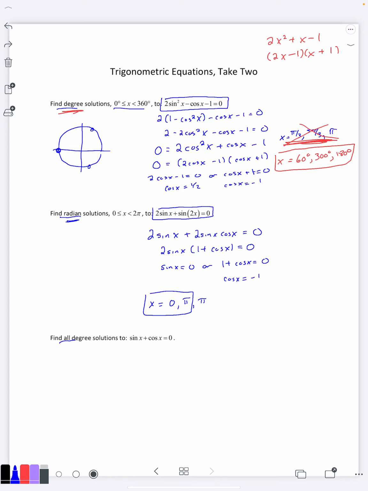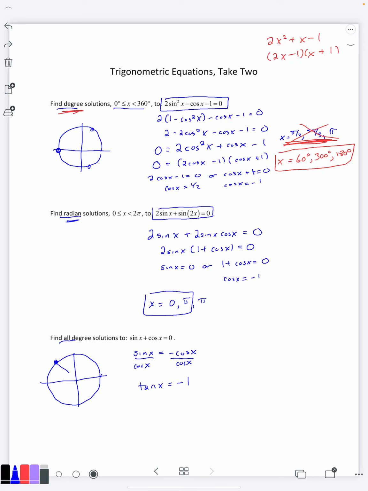In specifically this case, what you want to do is get sine x to one side, the cosine x to the other side, then divide by cosine x. We're going to leave behind sine and cosine and get the equation tangent x equals negative 1. So we're turning our equation that had sine and cosine separately into one with tangent, and then we need to know where tangent is equal to negative 1.